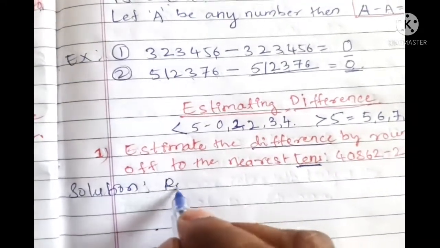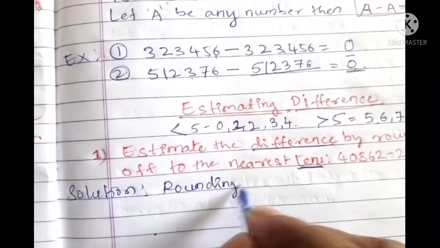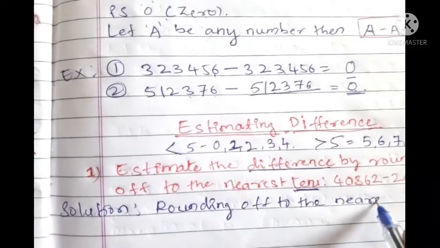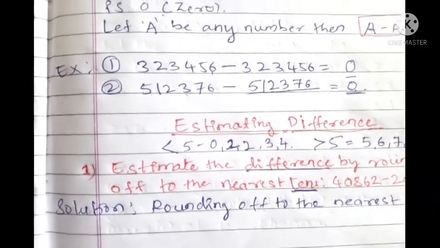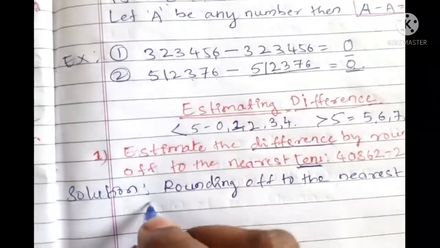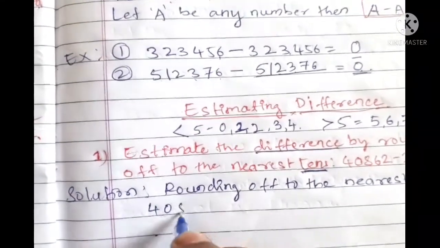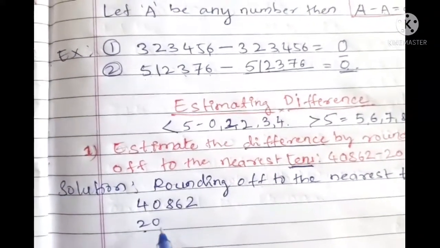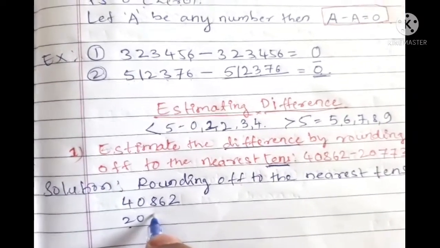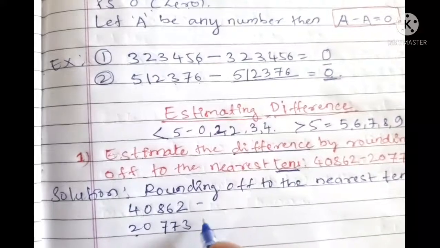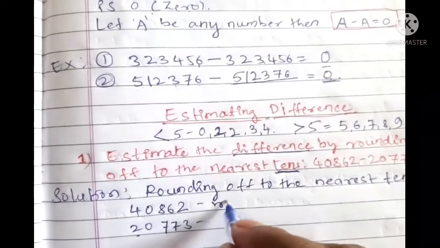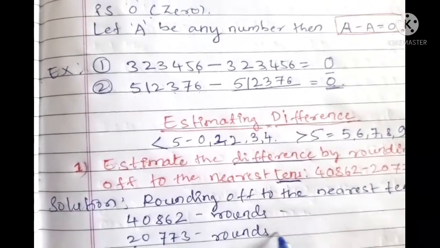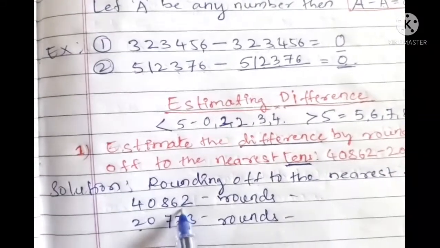Solution: we have to do rounding off to the nearest tens. The numbers here are 40,862 and 20,773. Rounding to the nearest ten, we observe the ones place.